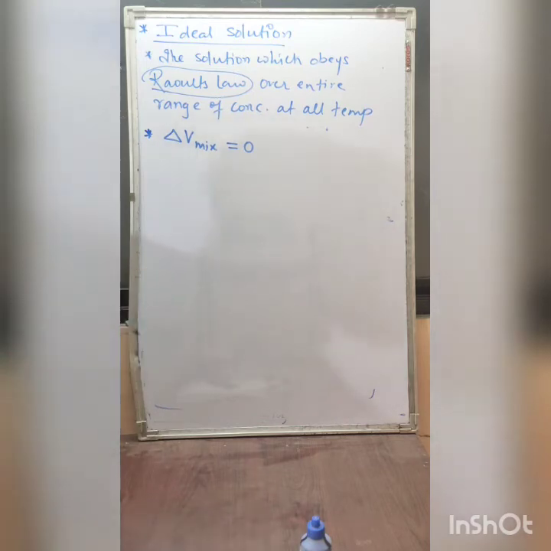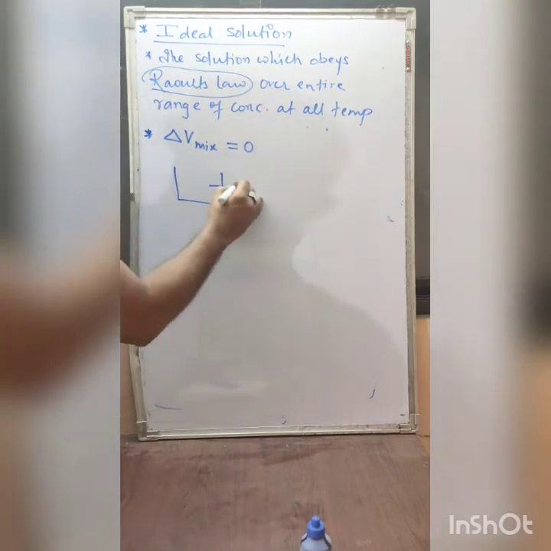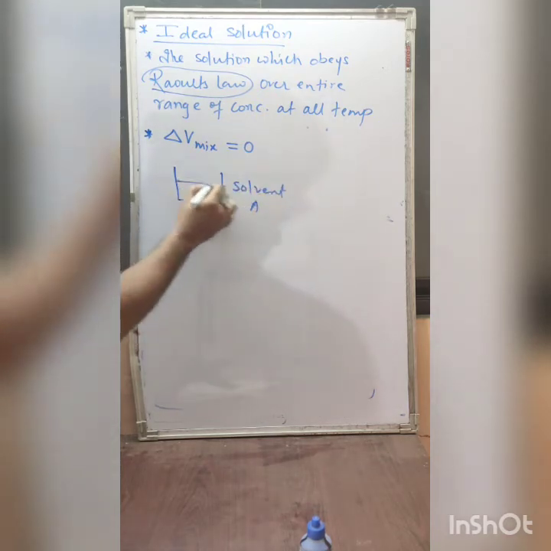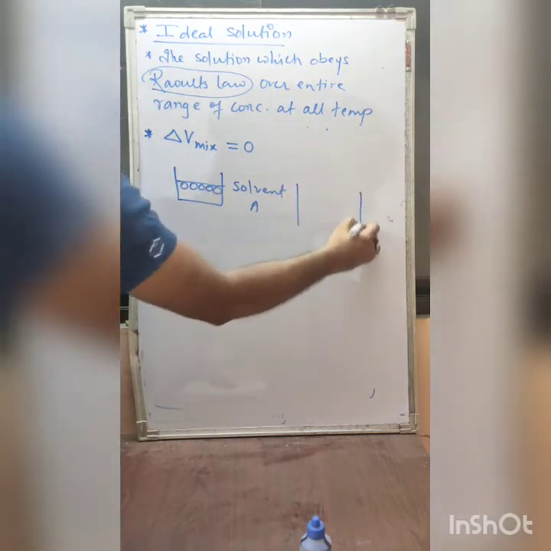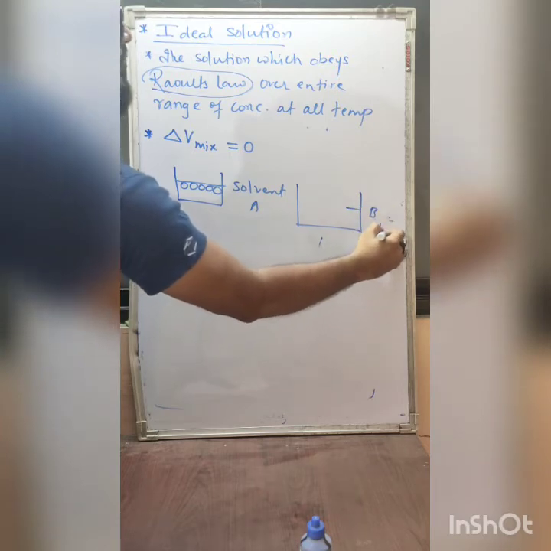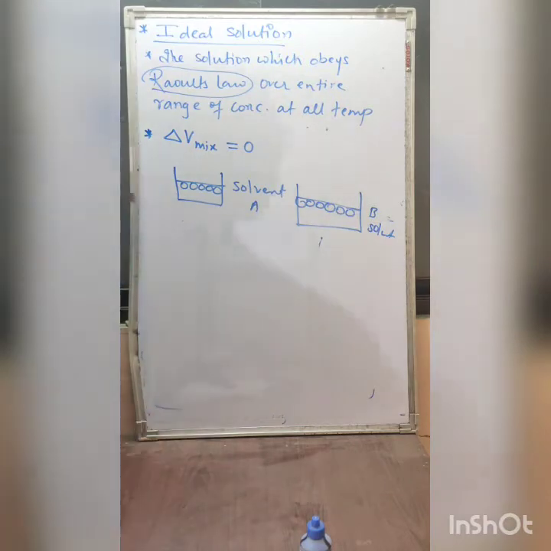Volume of mixing being 0 means, suppose I have a solvent with A molecules, and I have a B solute, these are the B molecules.